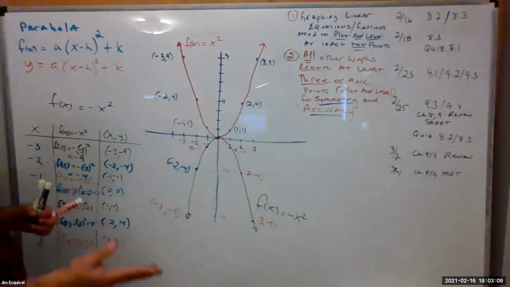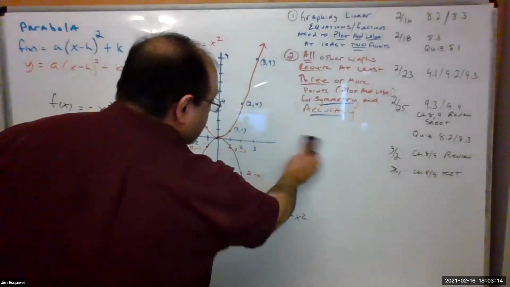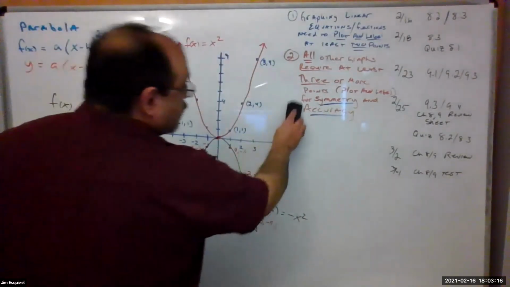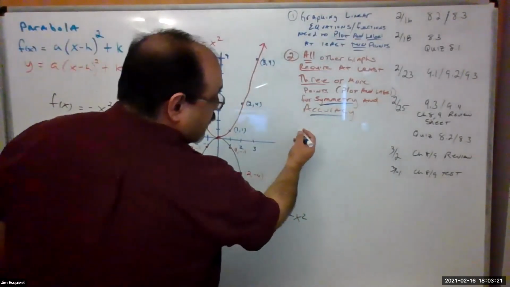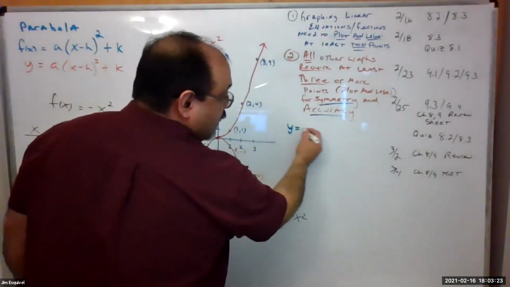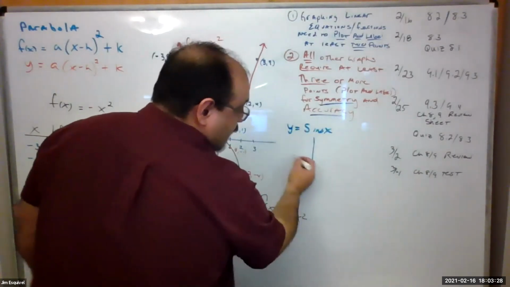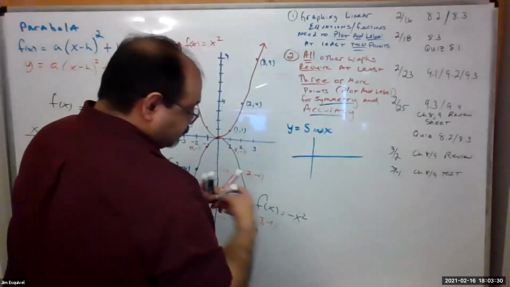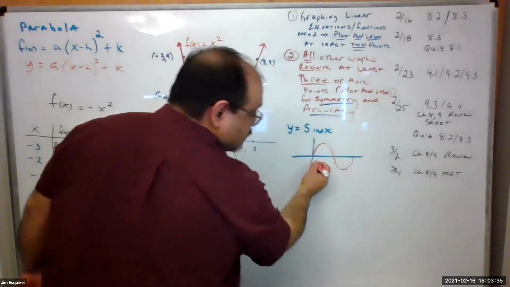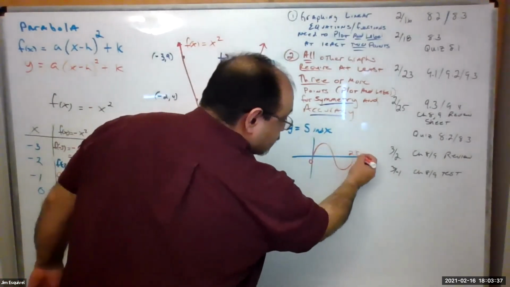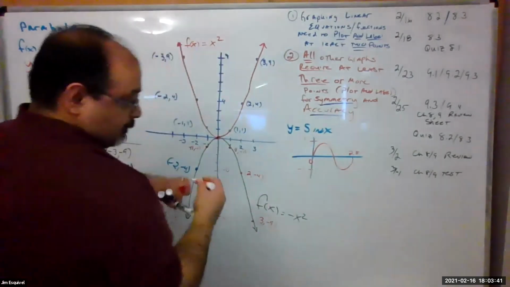Just on a quick side note, and I'm not doing this to say, look at him, he's showing off. Just a quick side note. When you have y equals sine x, the sine function in trig, and you graph it, the sine function does this from 0 to 2 pi. It goes up to +1, it goes down to -1.